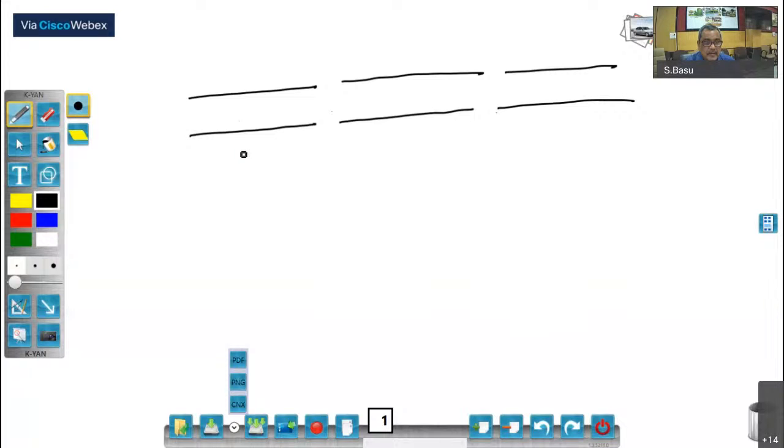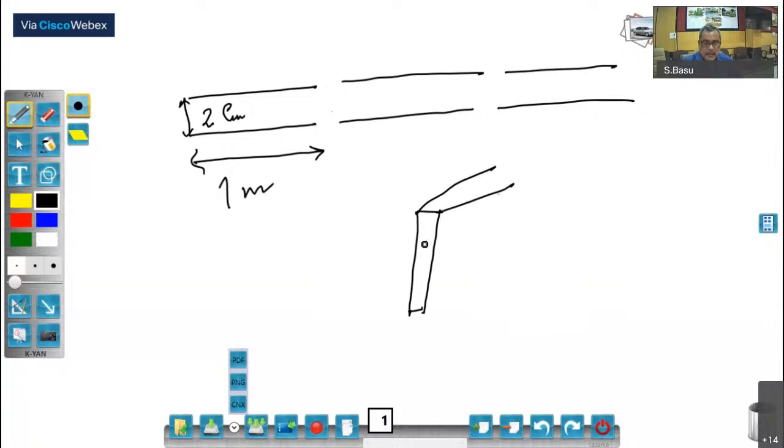The typical dimensions are around 1 meter, with a rectangular cross section of about 2 centimeters by around 10 centimeters, and typically around 100 centimeters in length each.